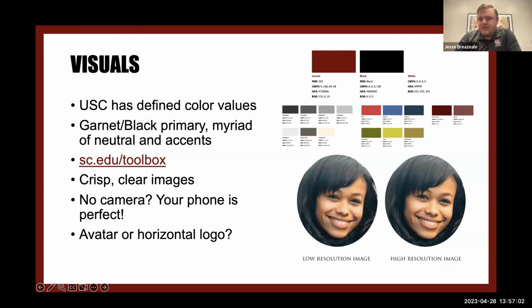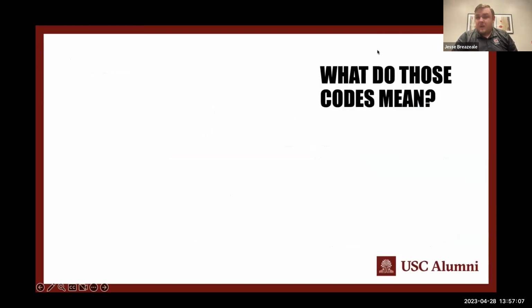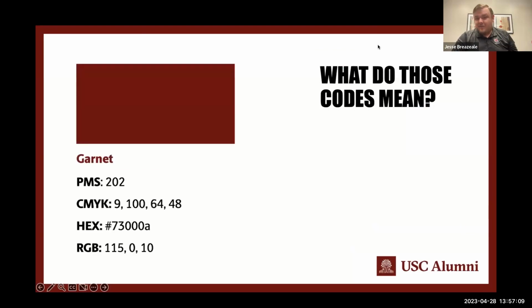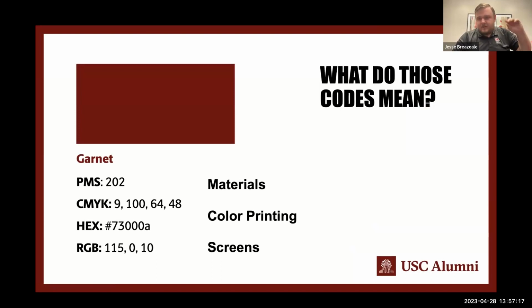Before we hop into Canva, I just wanted to quickly cover the color codes. So what do those codes mean? For the most part, you don't have to worry about a lot of these numbers. Only 2 of the categories are going to be important, because they divide it up into a couple different things about materials, color printing, and screens. Really, you only have to worry about these last 2, which are your hex value and your RGB. This is for computer screens.